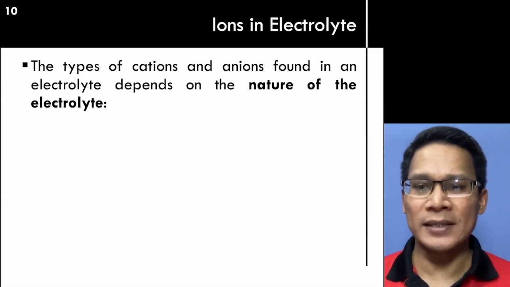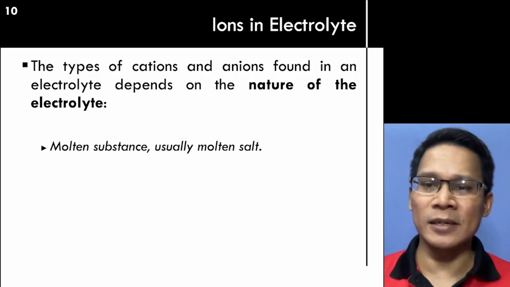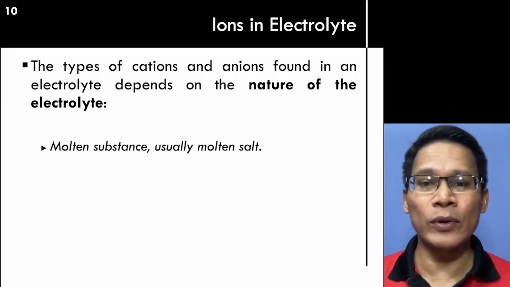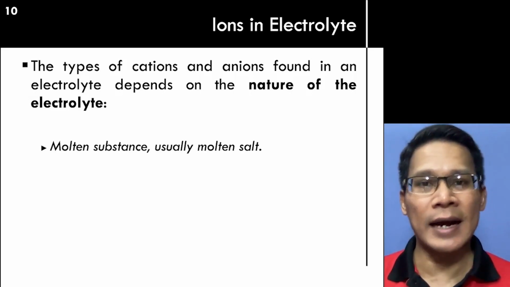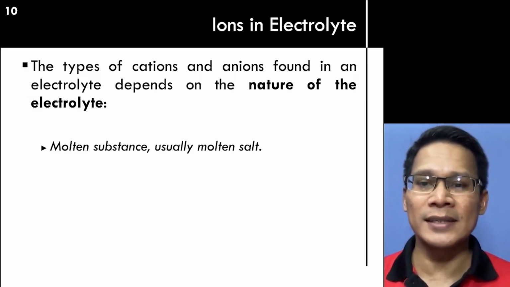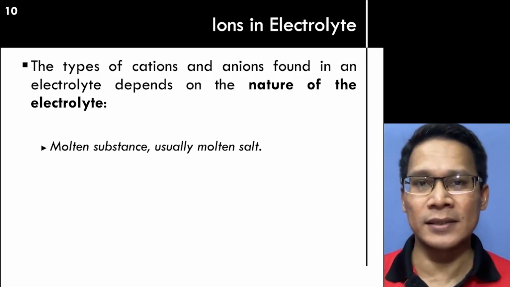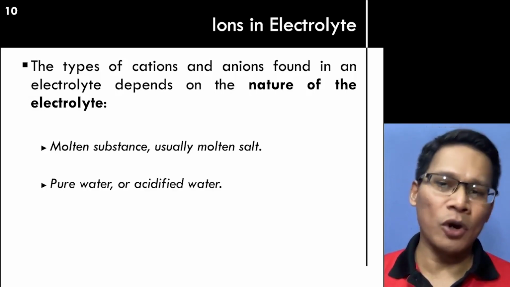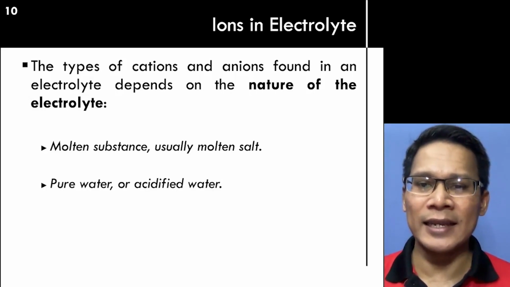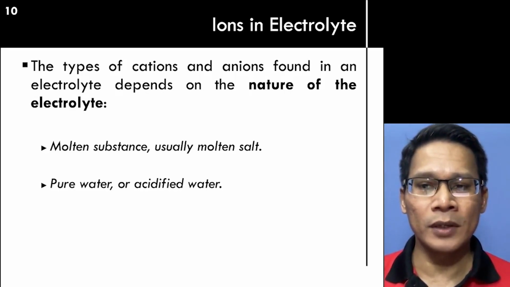The ions that are present in an electrolyte depend on the type of electrolyte. Molten substances, usually liquid ionic compounds at very high temperature, contain ions in the liquid phase. Pure water hardly contains any ions due to the low value of its Kw.